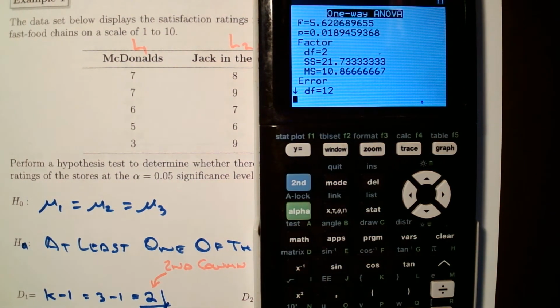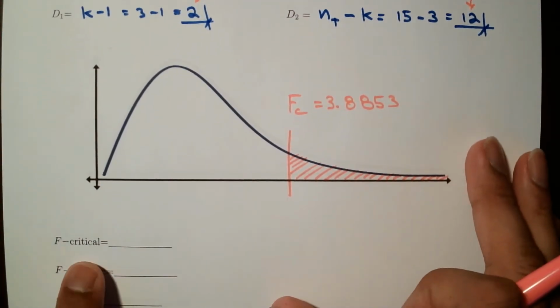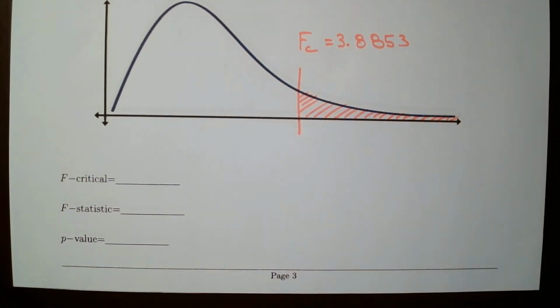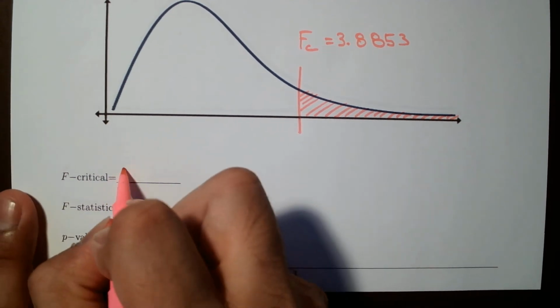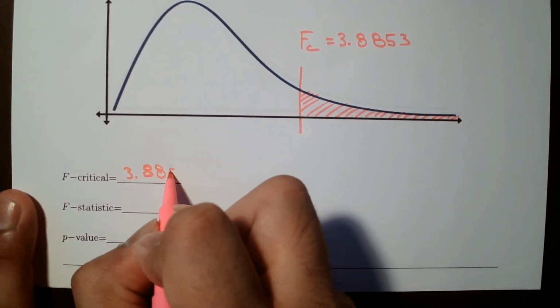In this case, there are 3 pieces of information that we need to look at. We need to find F critical. We already found it, so that's 3.8853.